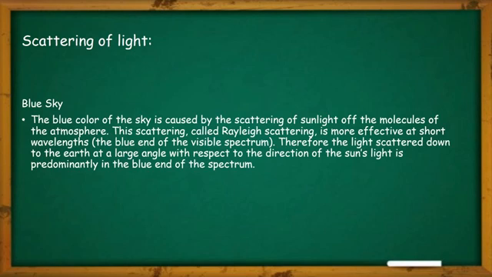Mostly the blue light coming from the sun is scattered by the particles suspended in our atmosphere, so this light is visible to us, not the real color light. That is why the sky appears blue in color due to the scattering of light.